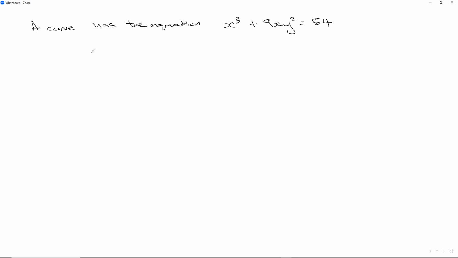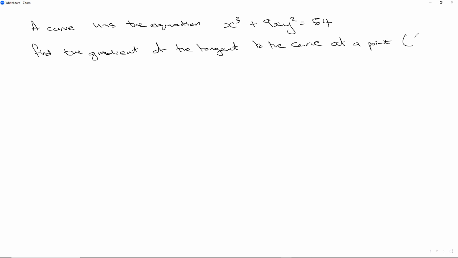And I want to find the gradient of the tangent to the curve at a point, let's say (2, 3).